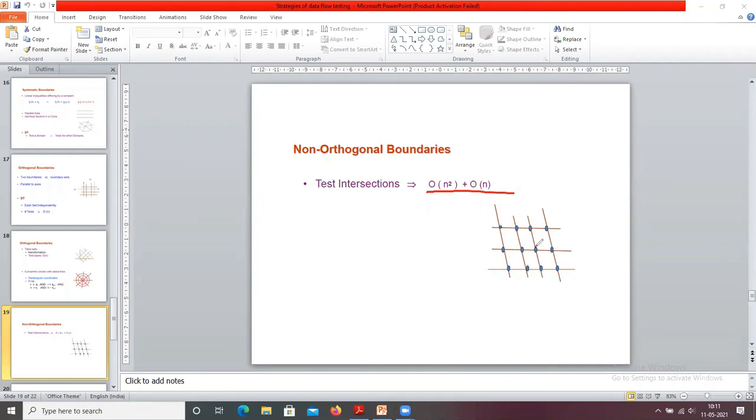If you observe, for example, this is x equals a1, this is a2, this is a3, this is a4.